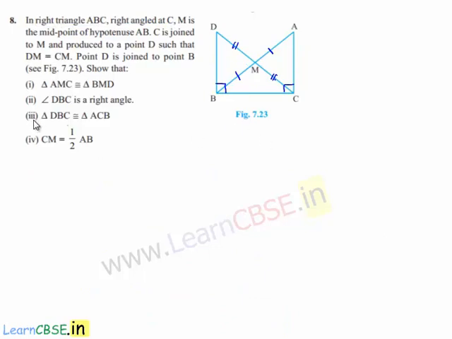Now, in order to prove the third proof, that triangle DBC is congruent to triangle ACB, let us consider both the triangles, DBC and ACB, and note down the similarities. First, BC is the common base for both the triangles.